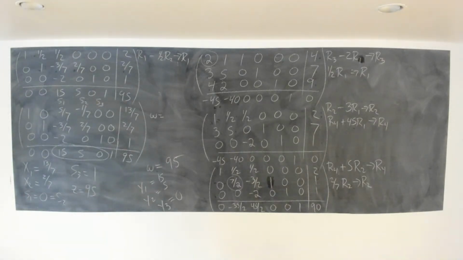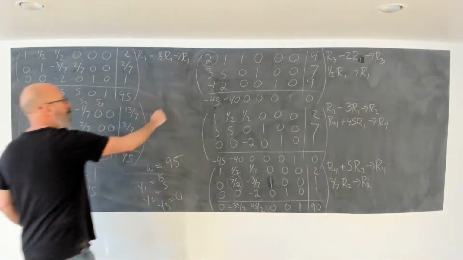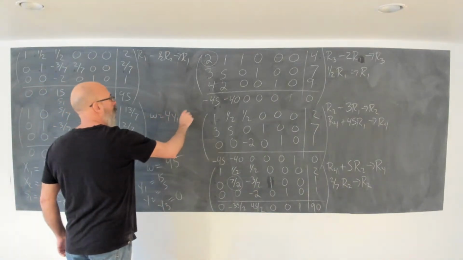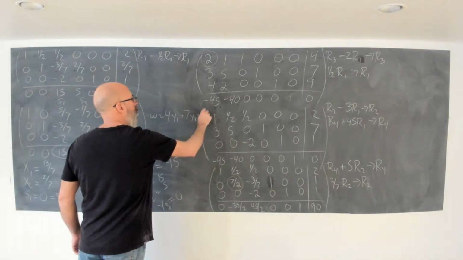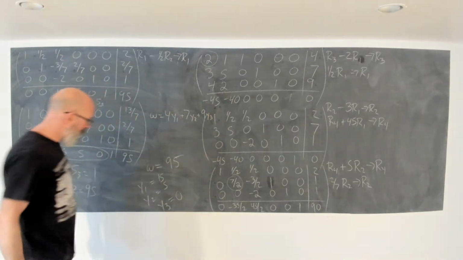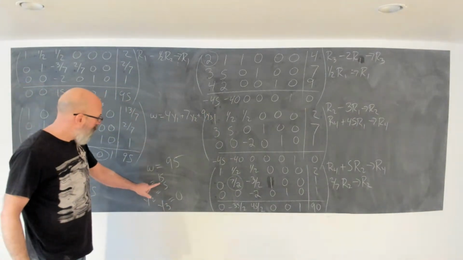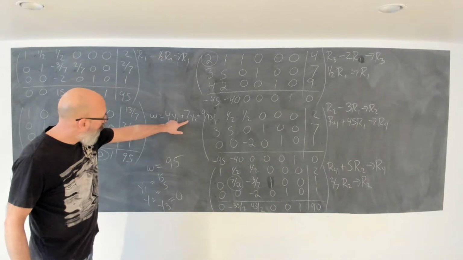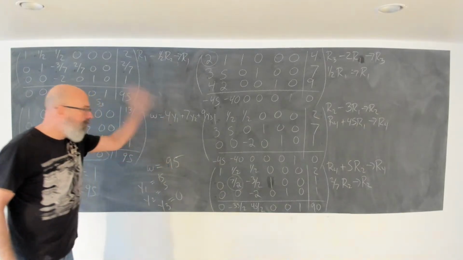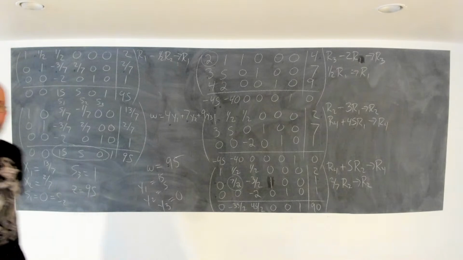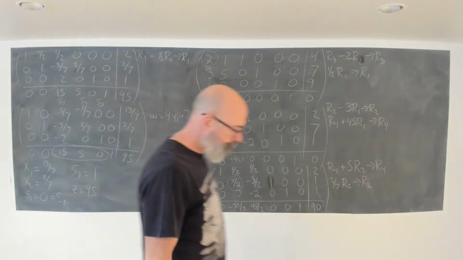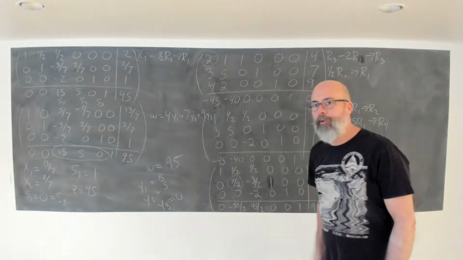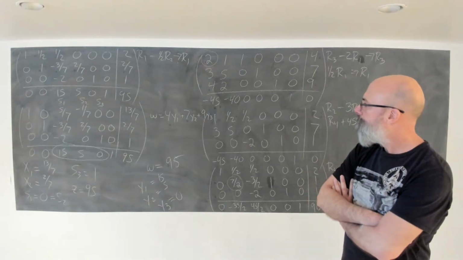What did we have? 4, 7, 9. Does that make sense? You get 60 plus 35 is 95. Very nice. Everything works out very well.